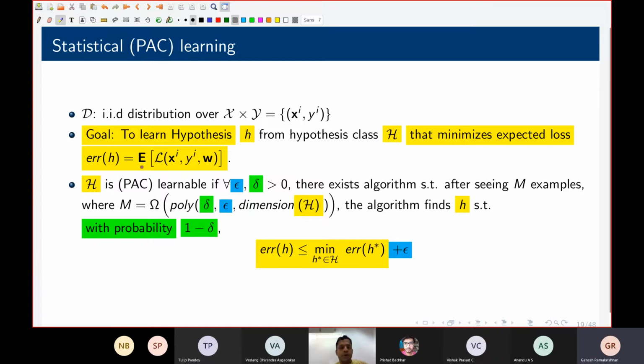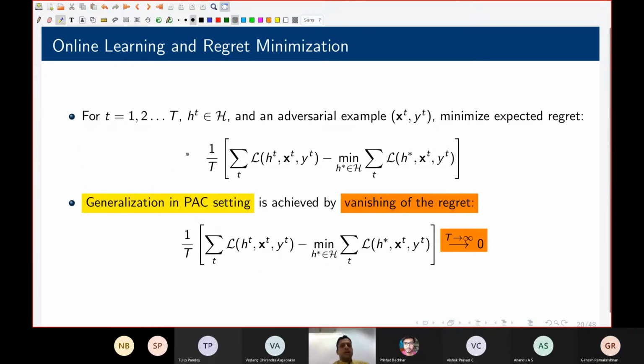Okay. So this ERR is explained here. This is the expected loss. Often you're dealing with an empirical expectation over the seen data set. What you do in online learning and regret minimization is, for all the example IDs, t equals 1 to capital T, consider any adversarial example x_t, y_t.